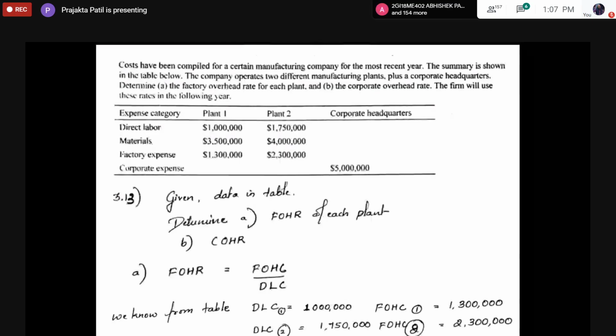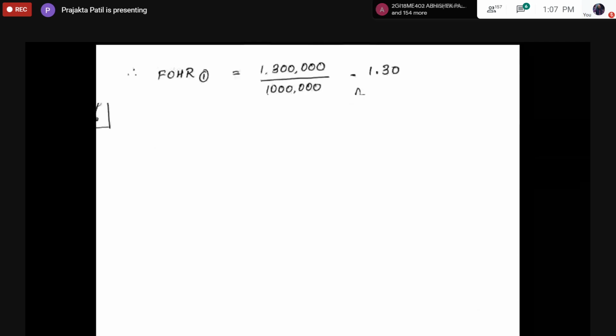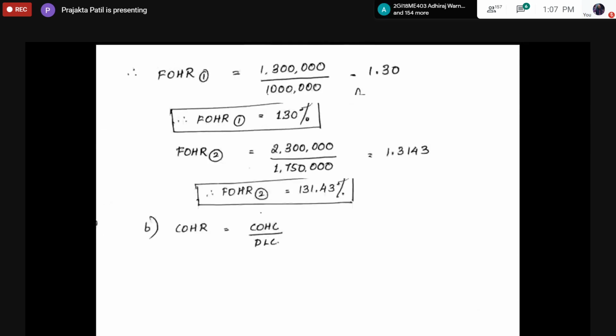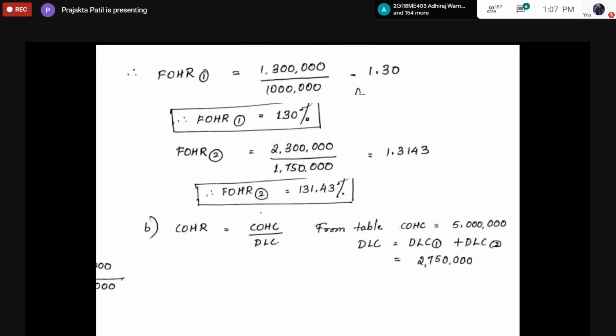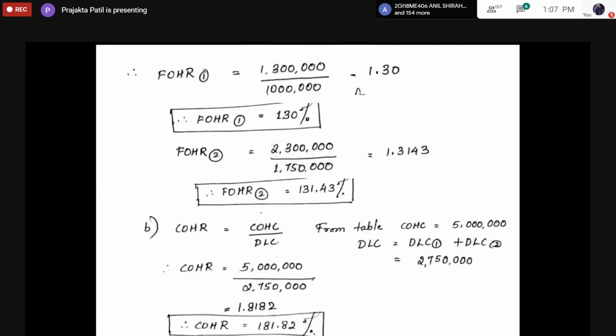So this is the data given, and these are the answers. You can just note them down and try to solve it later.